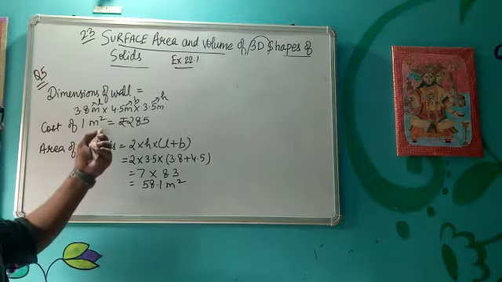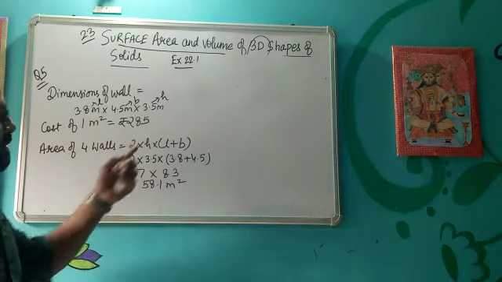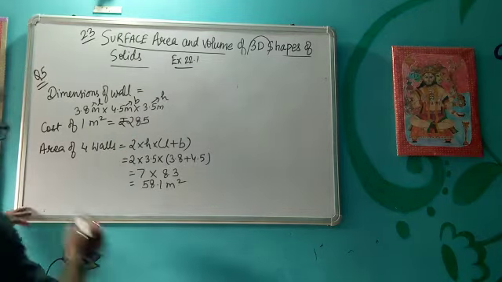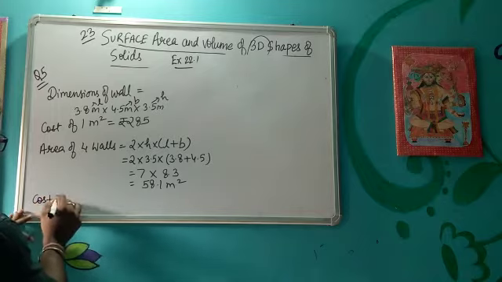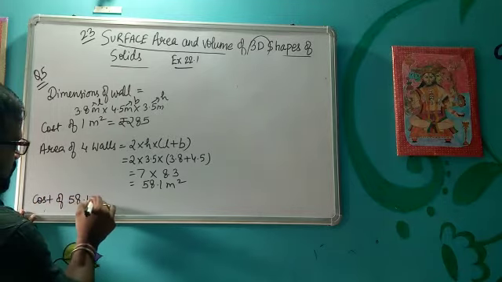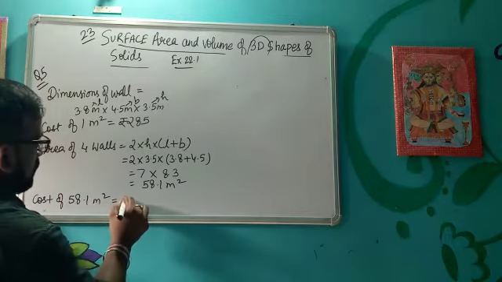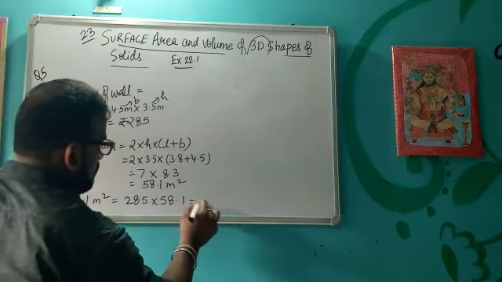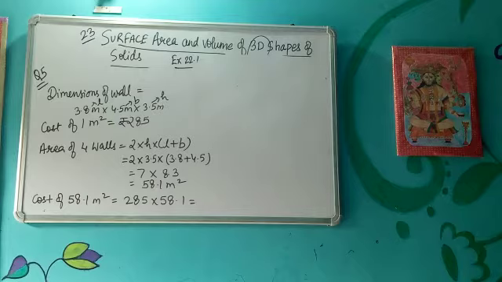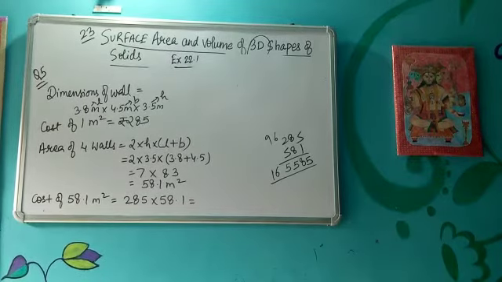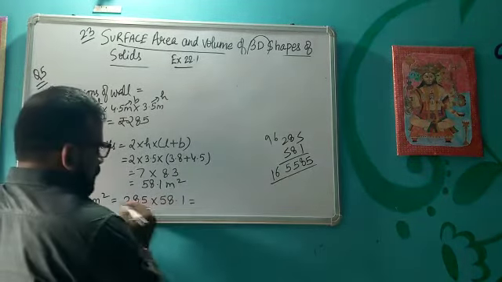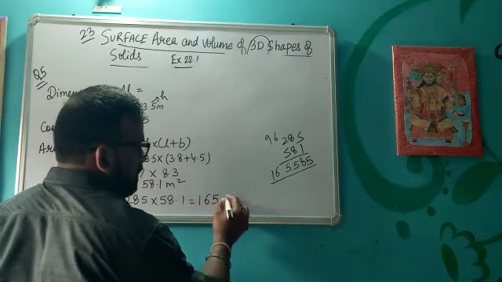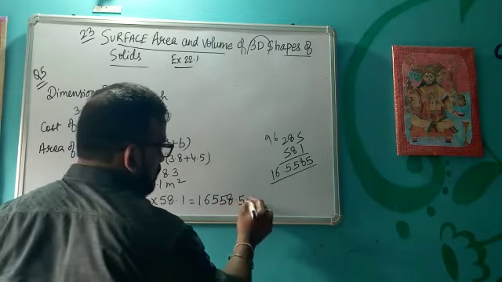Cost of 1 meter square is 285 rupees, so the cost of 58.1 meter square is 285 into 58.1, which is 16,558 rupees 50 paise.